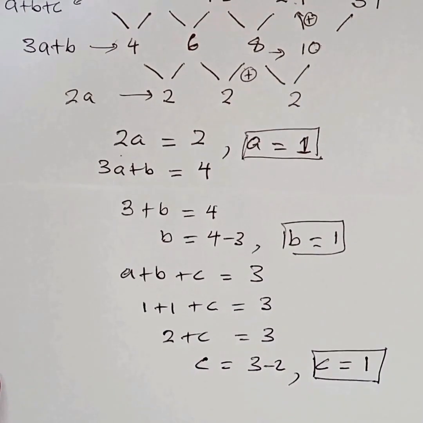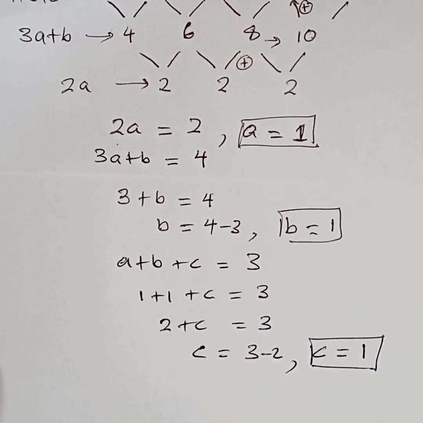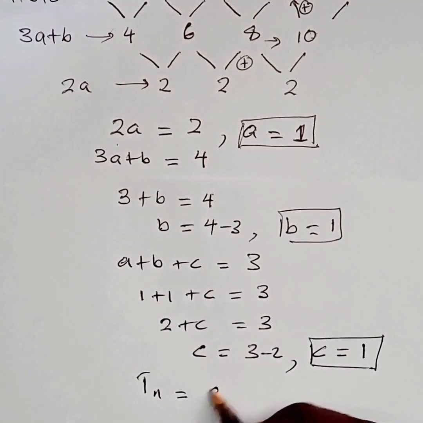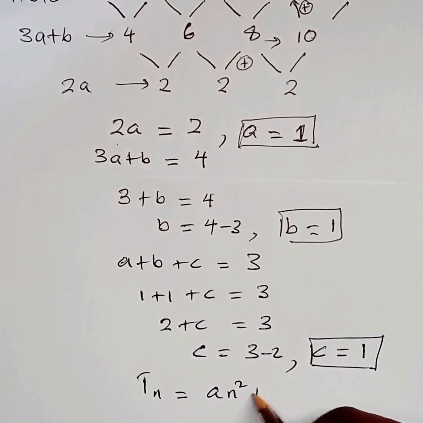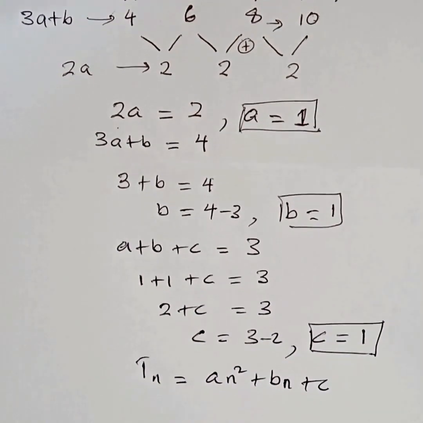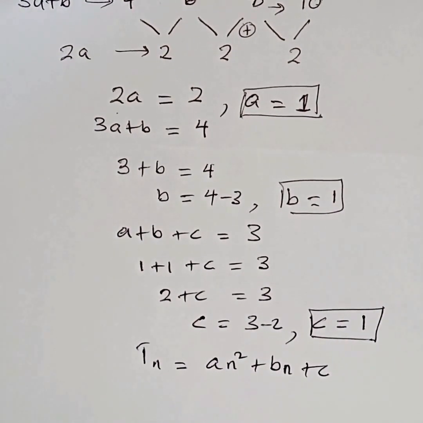You remember from the previous lesson, we said the general term for a quadratic sequence is given by Tn is equal to a n squared plus b n plus c, where a, b, and c are constants. So we are going to substitute those into that formula.